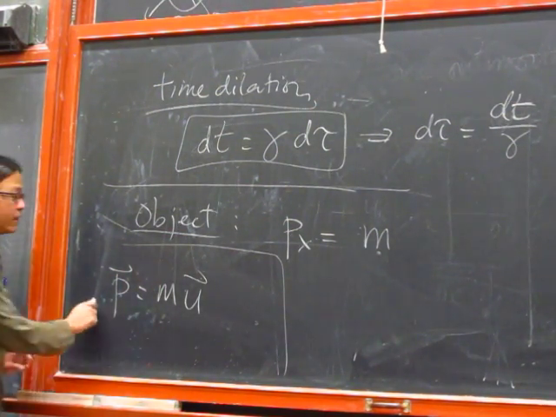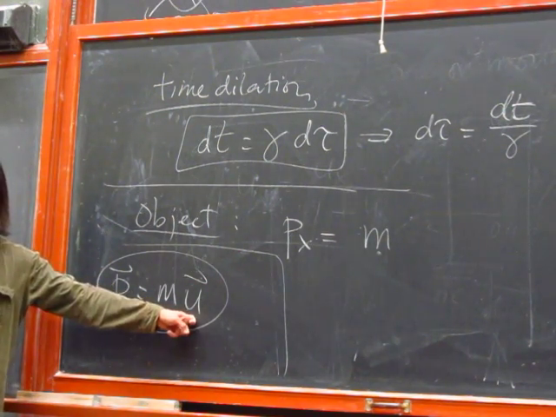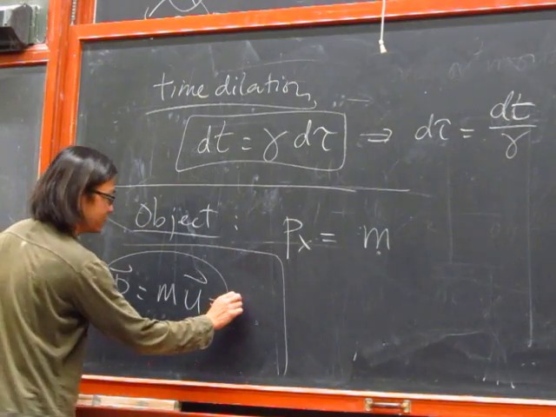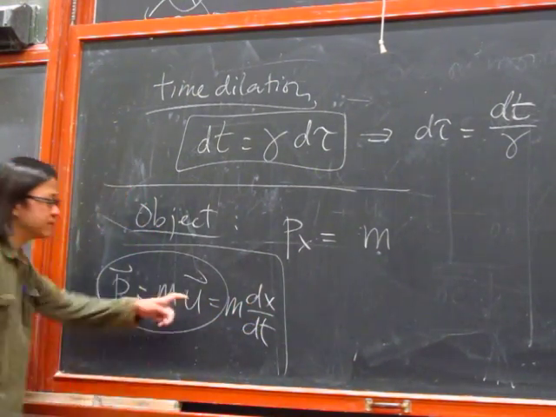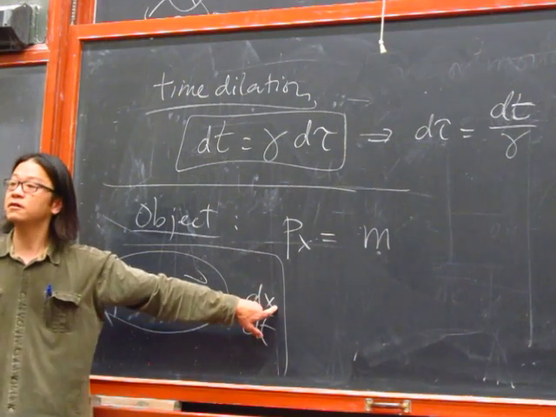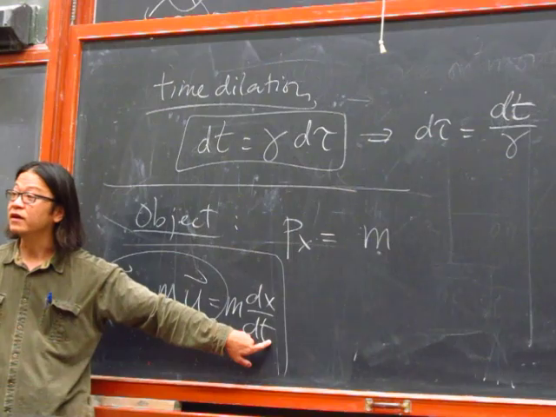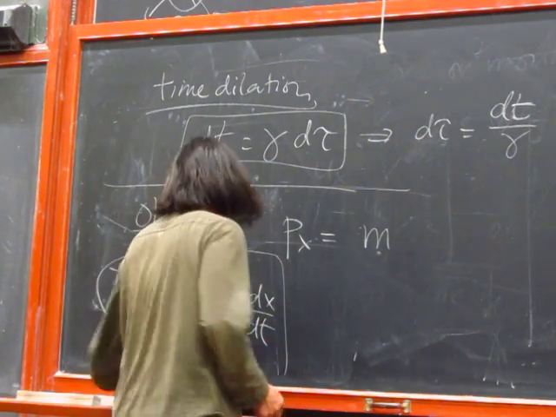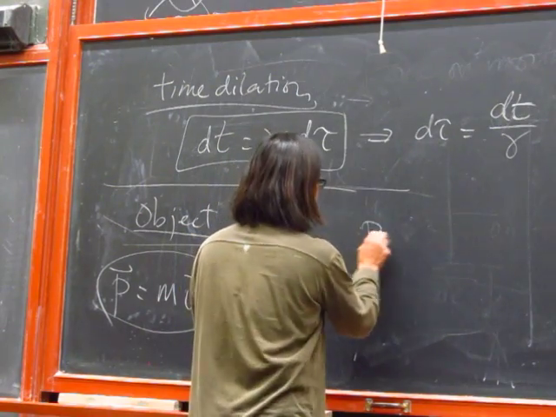But u is a very complicated object, because u is just m dx/dt, and the reason it's complicated is that x has a Lorentz contraction and t has a time dilation. So I'm going to construct something else, just bear with me for now, and there is a reason for it.